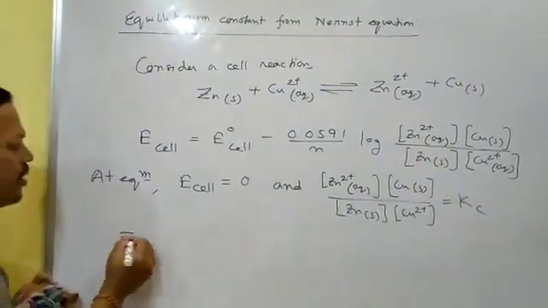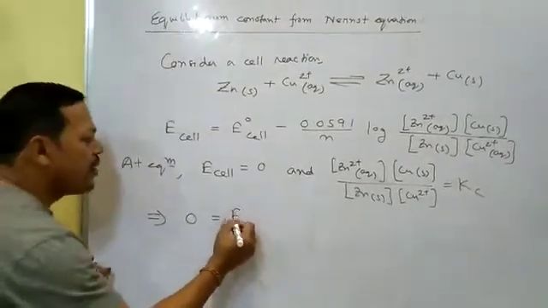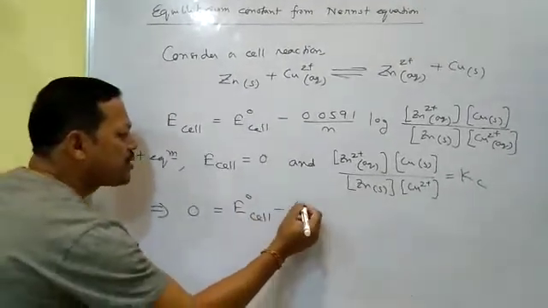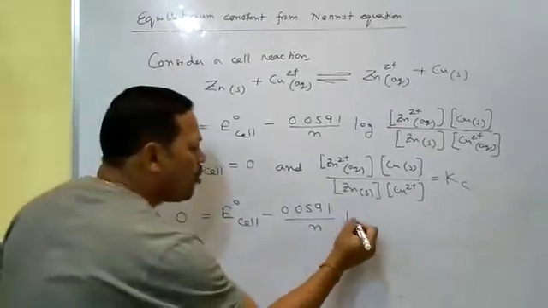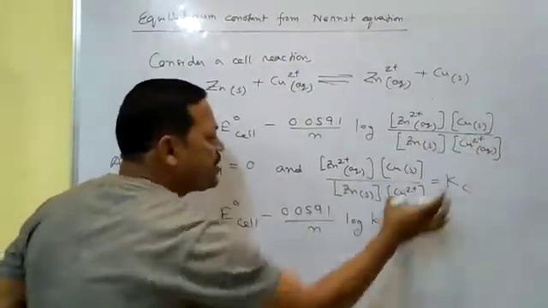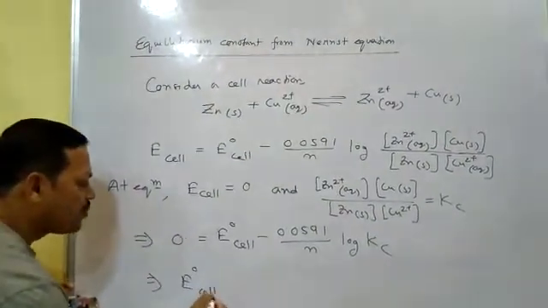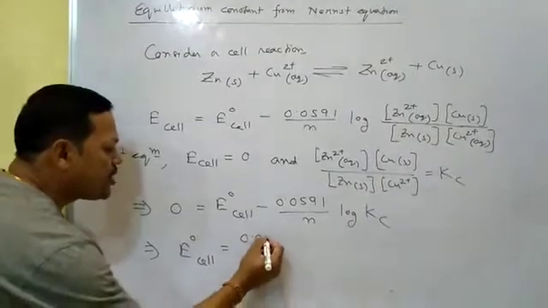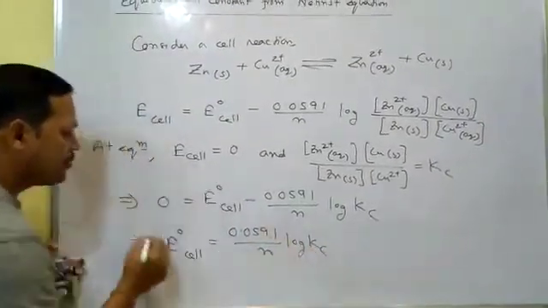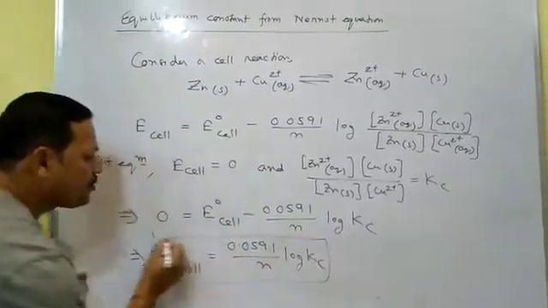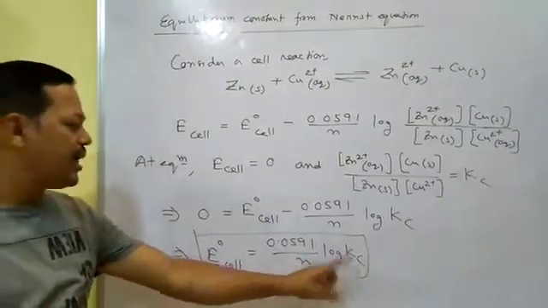That means the equation becomes E cell is 0 at equilibrium, 0 equal E naught cell minus 0.0591 divided by n log of Kc. This term means Kc. That means E naught cell is equal to 0.0591 divided by n log of Kc. So this is the equation by which you can find out the equilibrium constant Kc.